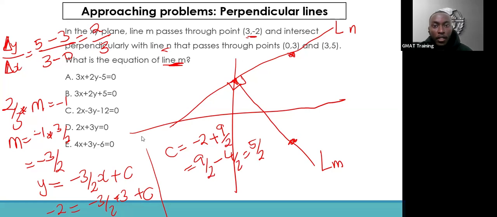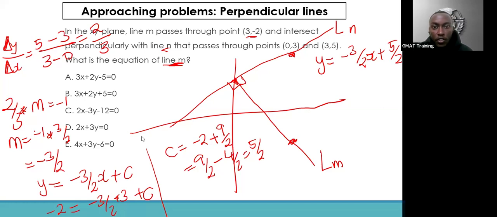Now, the new equation becomes y equals negative 3 over 2 x plus 5 over 2. But if we look at all these other answers, we don't have fractions, so maybe we can eliminate these fractions.